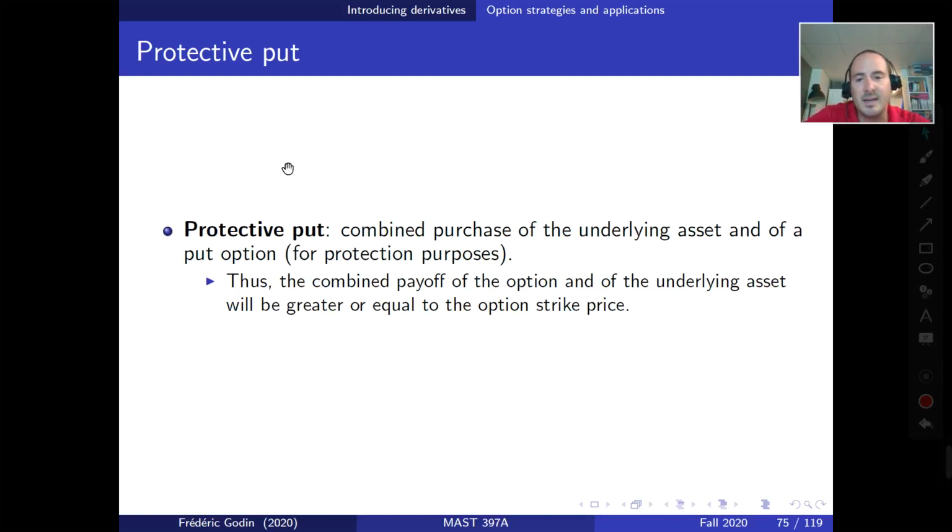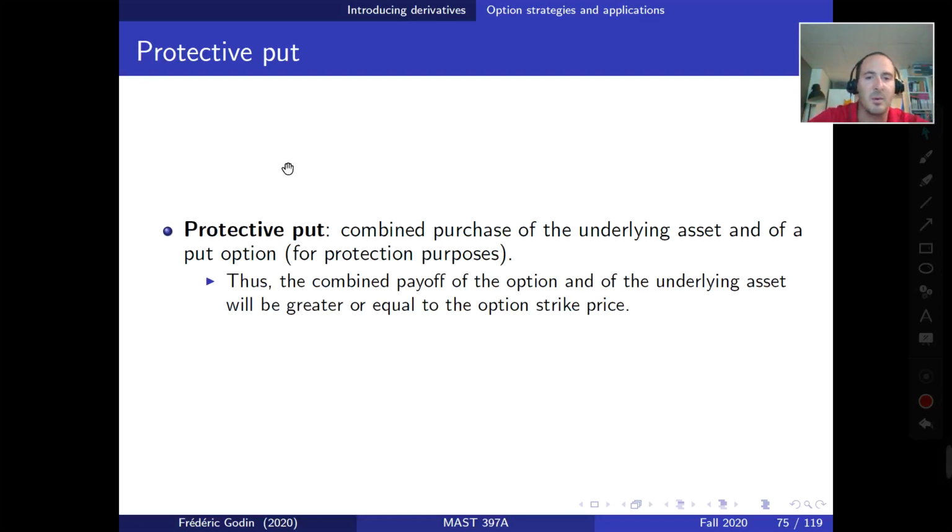Why is that the case? It's because if ever the price of the underlying asset falls below some value K, then you can exercise the put option and receive K dollars and give the underlying asset to the counterparty. So your net position will never reach below K dollars.